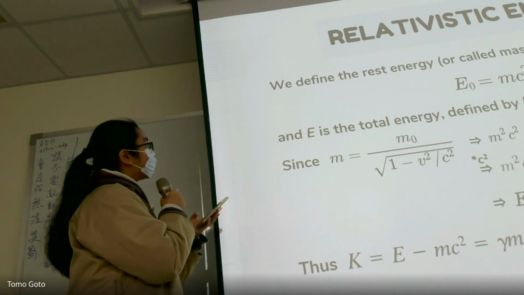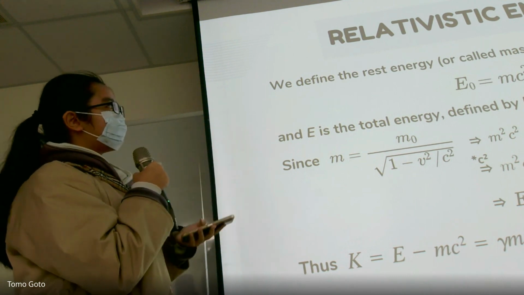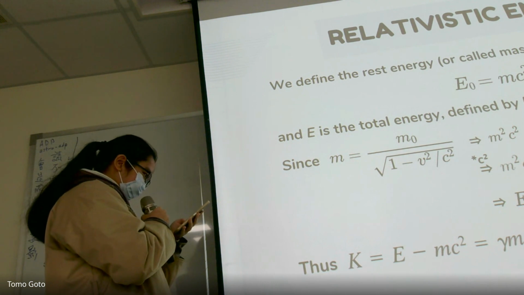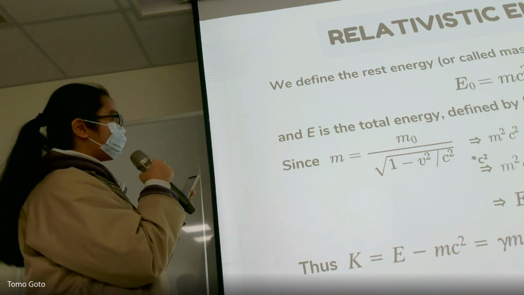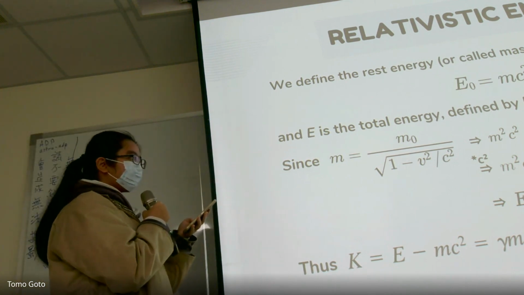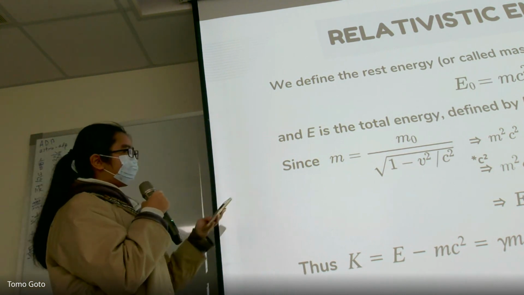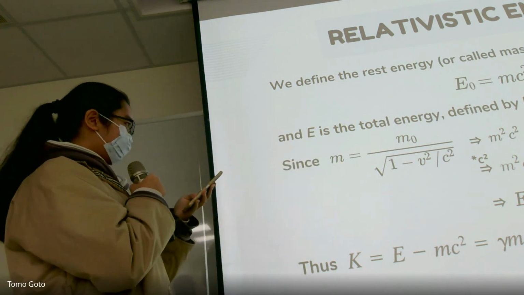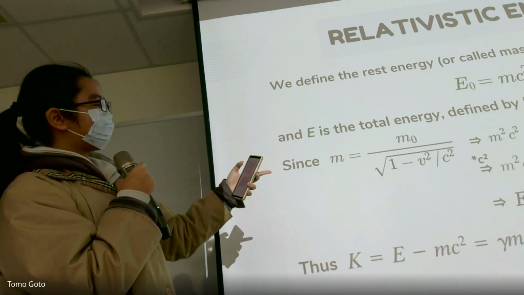About energy, we define the rest energy as E0 equals mc squared, and we define the total energy as E equals E0 plus kinetic energy. By this relation, we can generalize the equation.